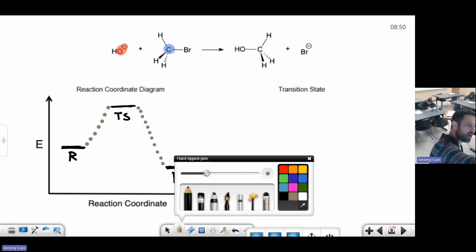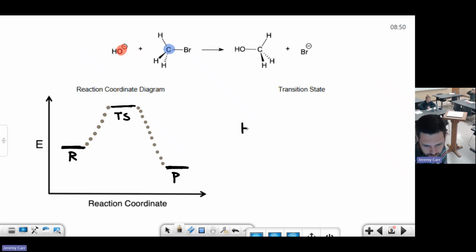I need to take my hydroxide. I got to bring it in closer and closer and closer and closer to the carbon. And then what ends up happening? When you get to the transition state, you have a hydroxide that hasn't formed a complete bond. It's a partial bond with the carbon atom.